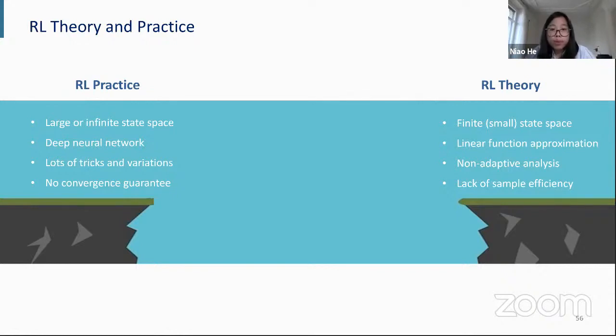But most of the theory we have seen so far only applies to linear function approximation. And in fact, even for linear function approximation, sometimes it could diverge when you are combining it with off-policy data. So there is a huge gap between what people can prove in theory and what people use in practice.